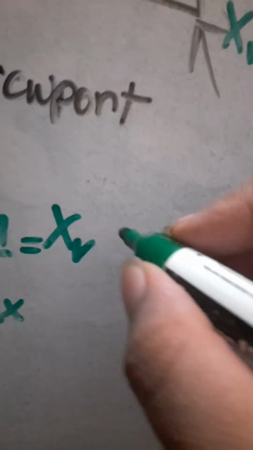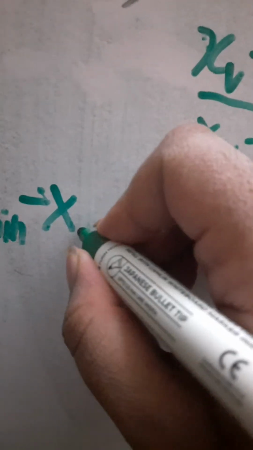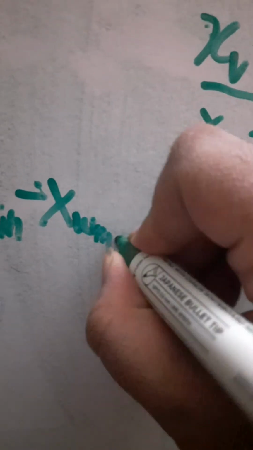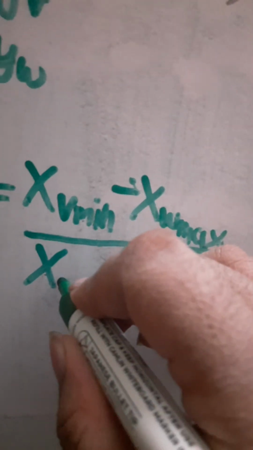Then you have to understand that the shear or scaling formula is, let's say, sx equals xv max minus xv min divided by xw max minus xw min.